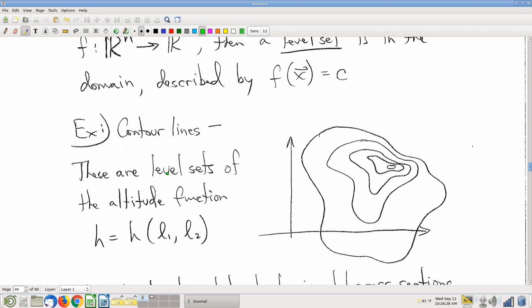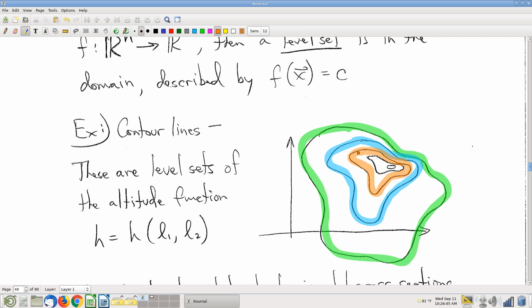The idea is that these are lines of constant altitude. Every point on that line has the same altitude, and every point on this curve has the same altitude, and so on. You draw a picture like that, and it helps you understand the shape of the mountain that you're looking at, or that you're hiking. That's nice.